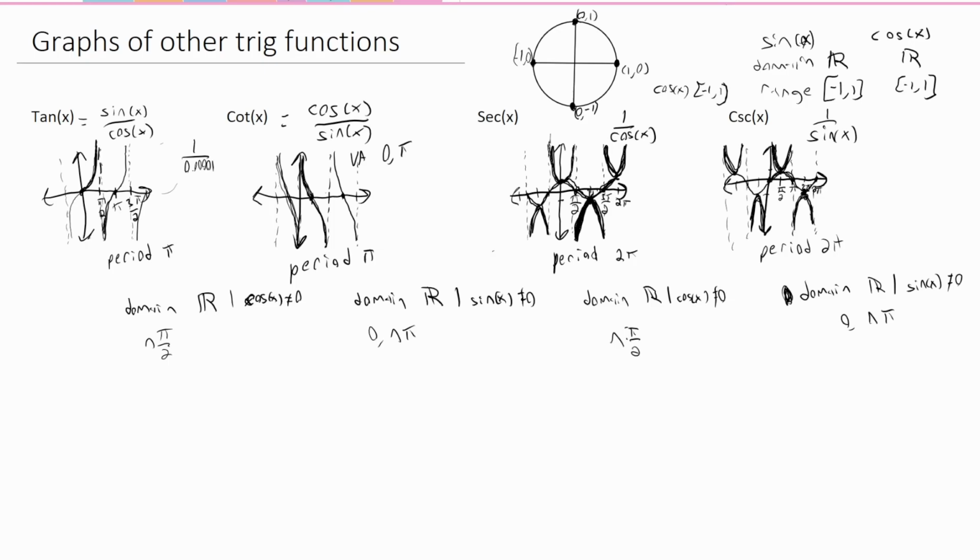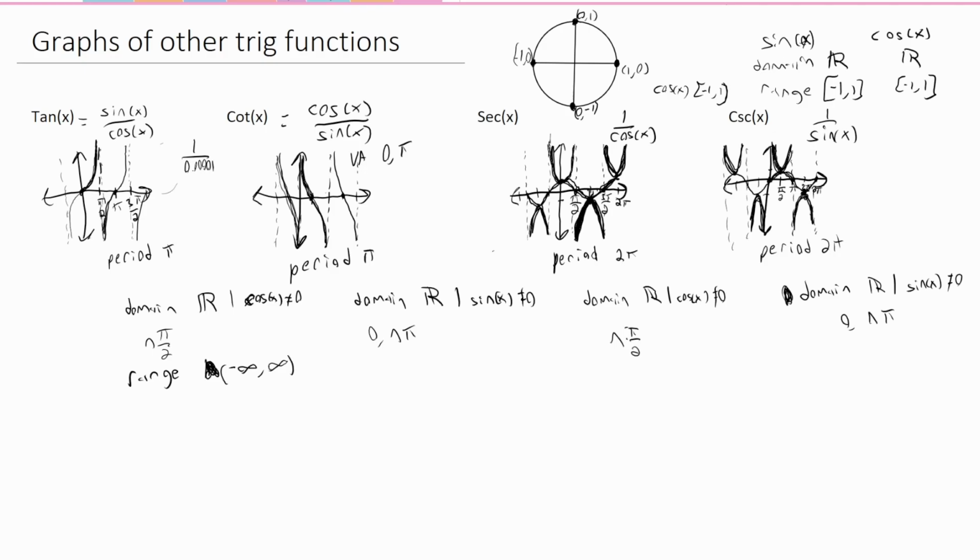However, for tangent, our range is actually going to be all reals, or the way we would write this is from -infinity to infinity. And that's because as we go to these vertical asymptotes, we approach both positive and negative infinity.